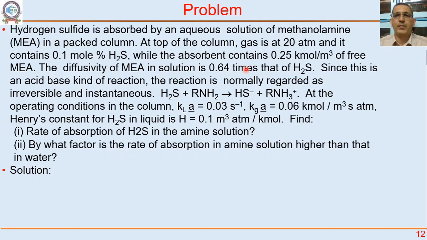Since it's an acid-base kind of reaction, consider the reaction to be irreversible and instantaneous. At the operating condition of the column, kLa is 0.03 per second, kGa is 0.06 kilomole per meter cube per second per atmosphere. Henry's constant for H2S in the liquid is 0.1 meter cube atmosphere per kilomole. Find the rate of absorption of H2S in amine solution. By what factor is the rate of absorption in amine solution higher than that in water?